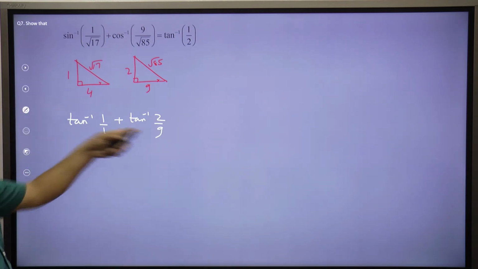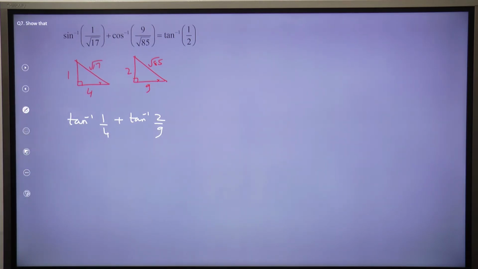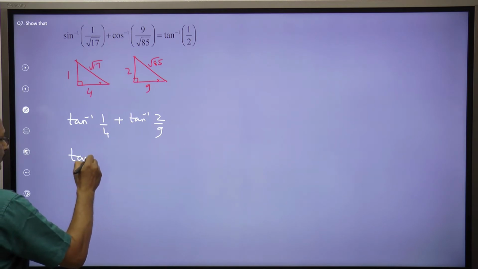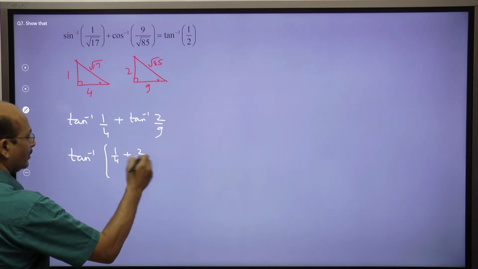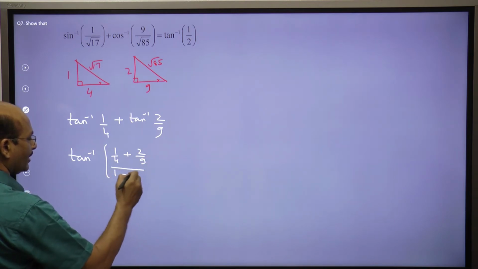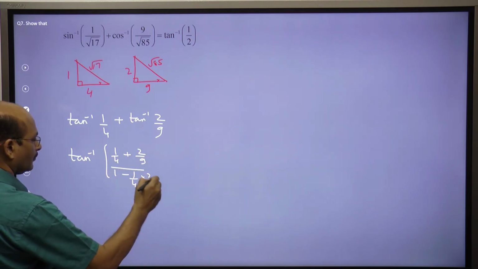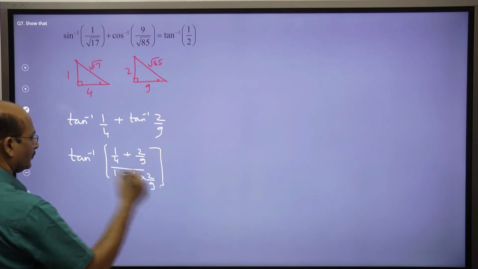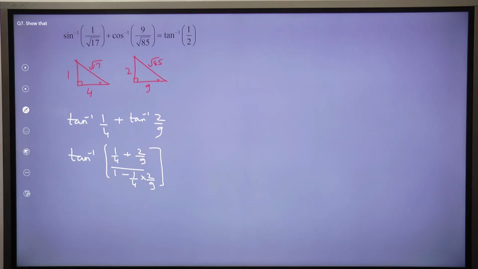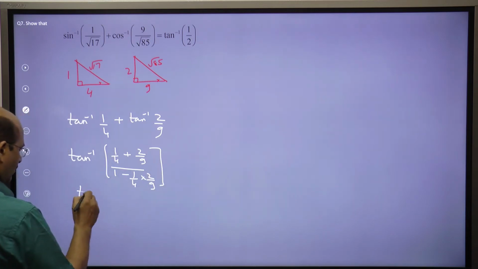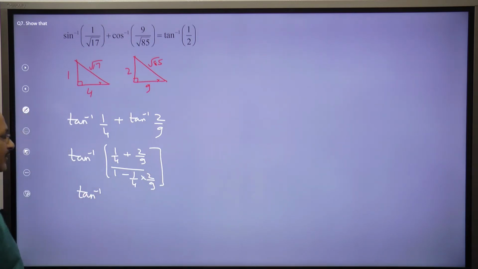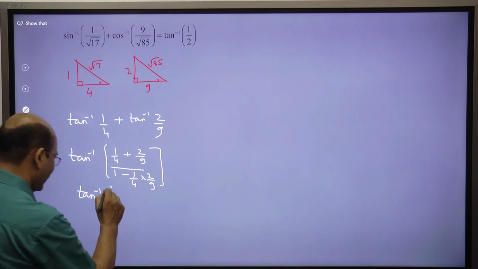Now everybody knows tan inverse x plus tan inverse y. What is tan inverse x plus tan inverse y? It is nothing but tan inverse of x plus y upon 1 minus xy. I hope you got this point clear. So what happens here, this is nothing but tan inverse, we can solve this out.